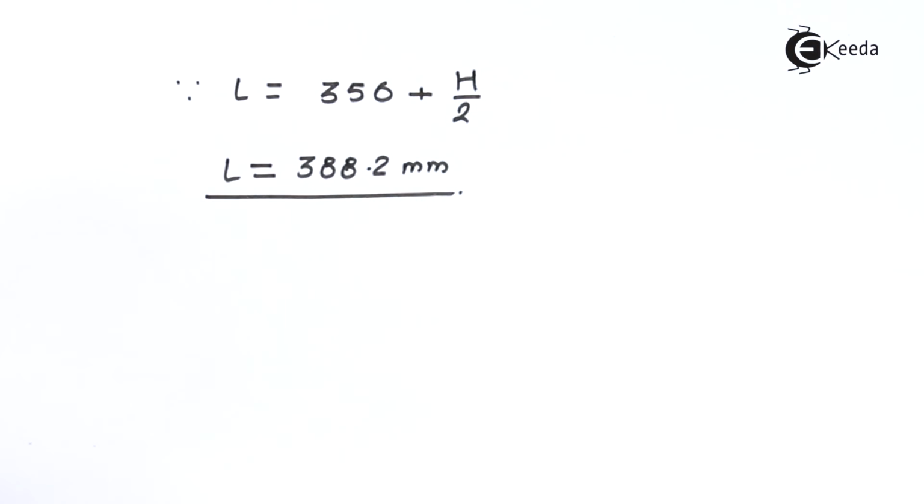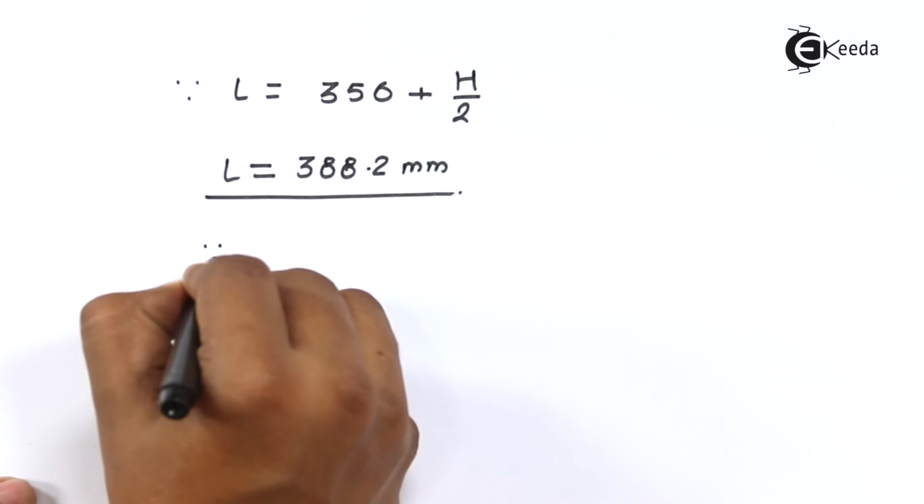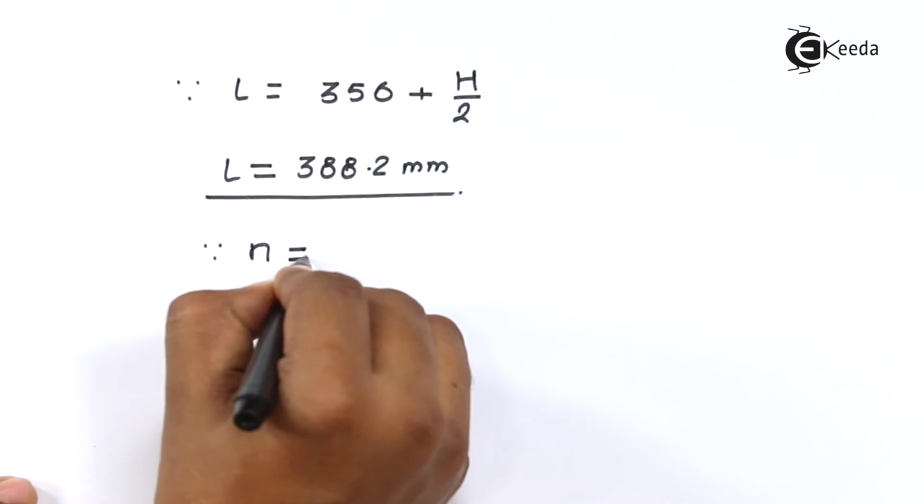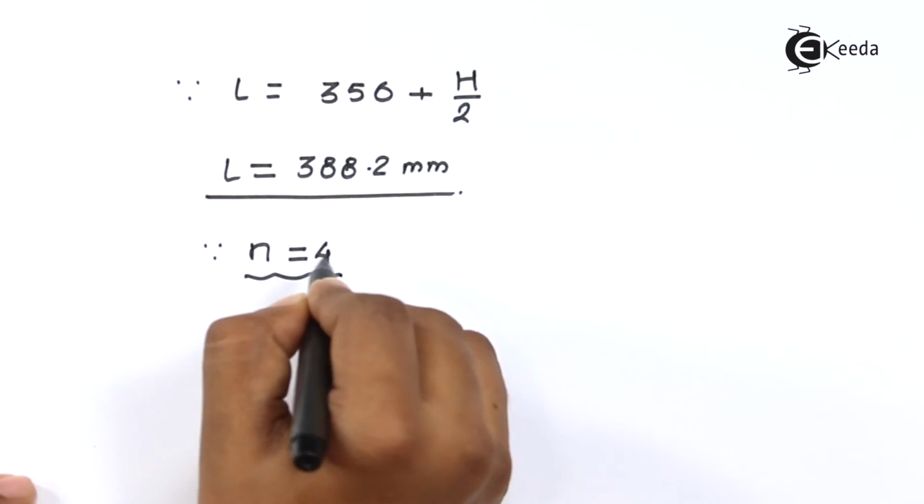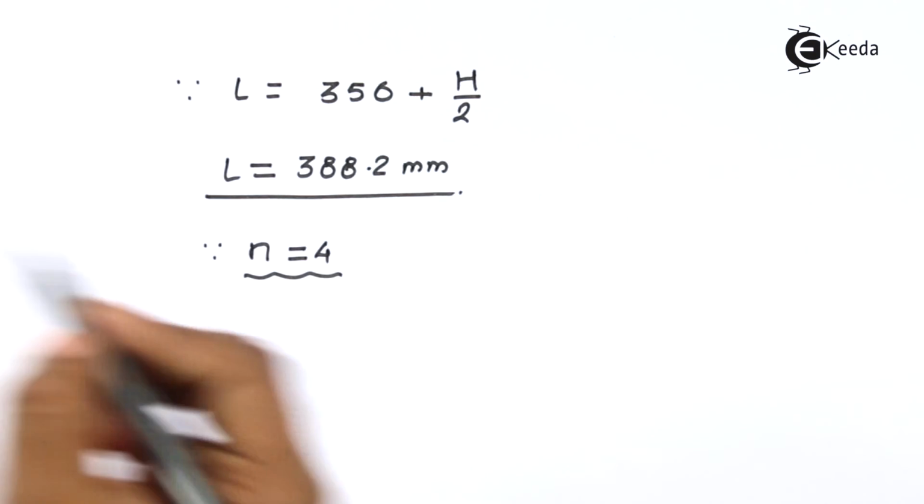Next thing that we have is the pitch or the associated dimensions of the power screw. We know that N here is 4. Let us take N is equal to 4.